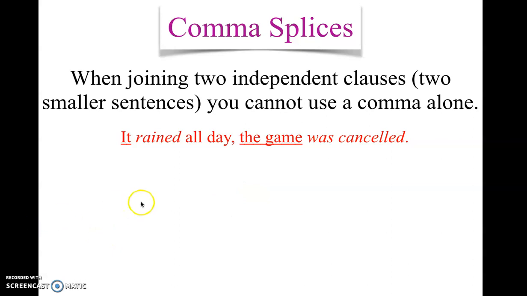Now, our two independent clauses, two smaller sentences: it rained all day, subject, verb. The game was canceled, subject, verb. If we have subject, verb, we cannot combine them with just a comma. That is a splice.